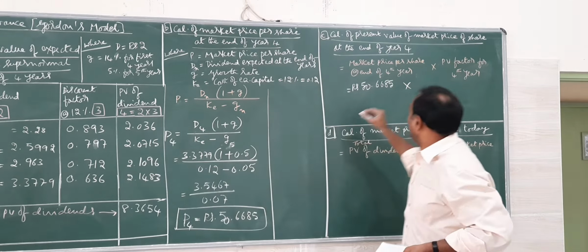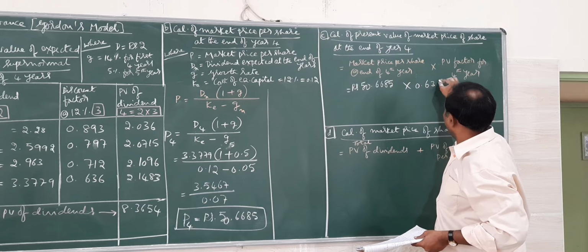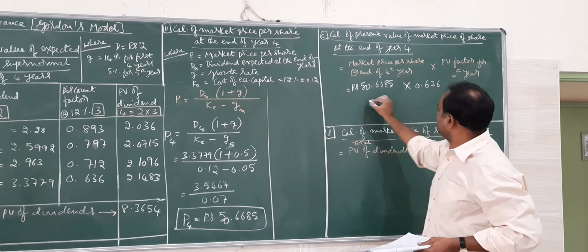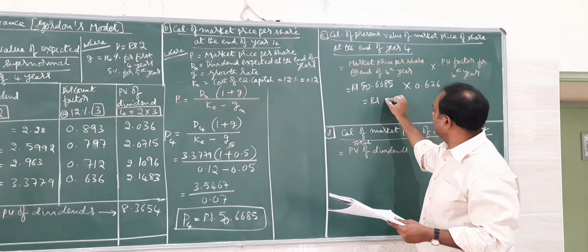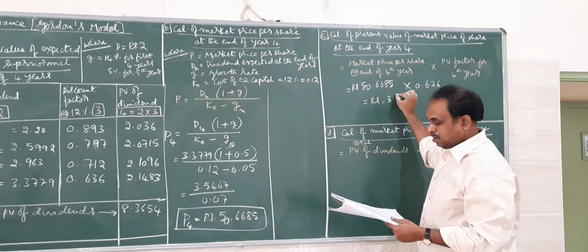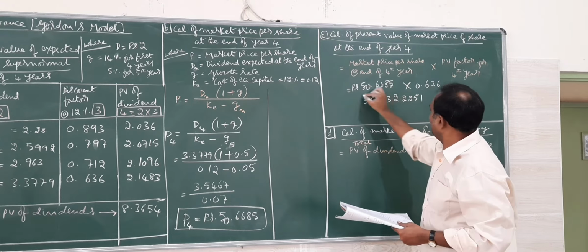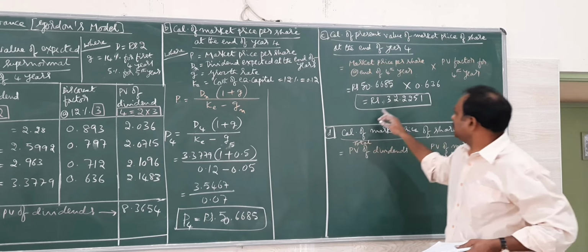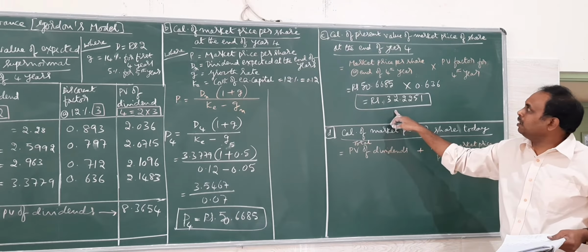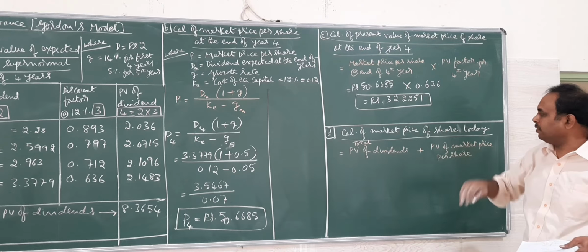In the 4th year, the money value would have been reduced to 0.636. So the market price per share will be 32 rupees 22 paisa. Even though it is 50 rupees, because of the decline in the time value of money, the market price per share will be 32.2251.